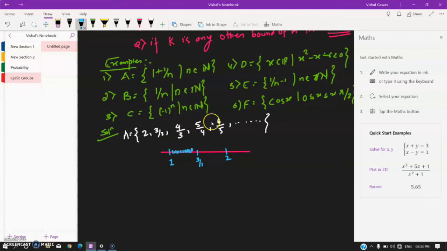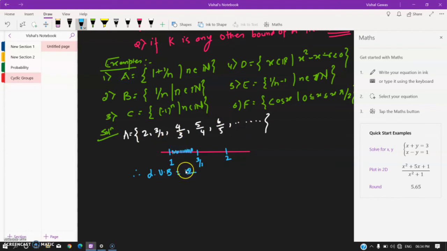So what happens is as I go on, the top half, like the numerator, is always bigger than the denominator. As you go along, you'll get 100 by 99, then 101 by 100 and so on. So these numbers, whatever we get, are always bigger than 1. Therefore, the least upper bound of this set would be, first of all, all these numbers are less than or equal to 2.